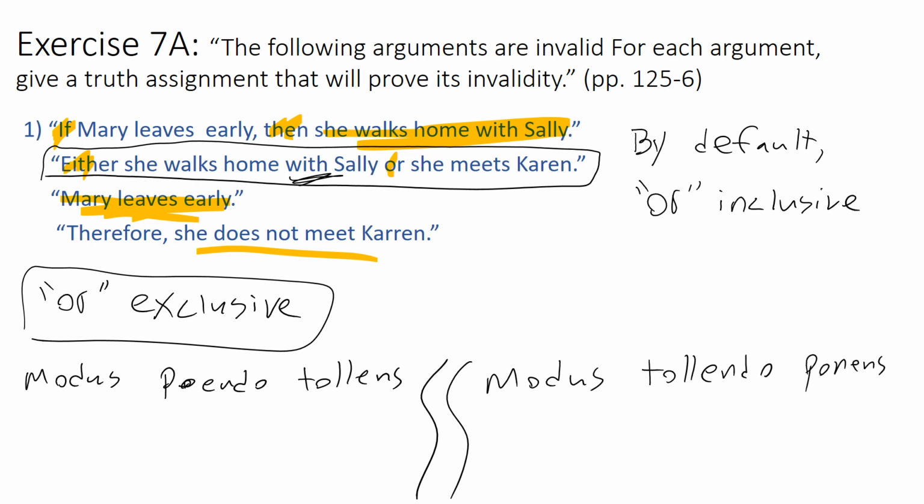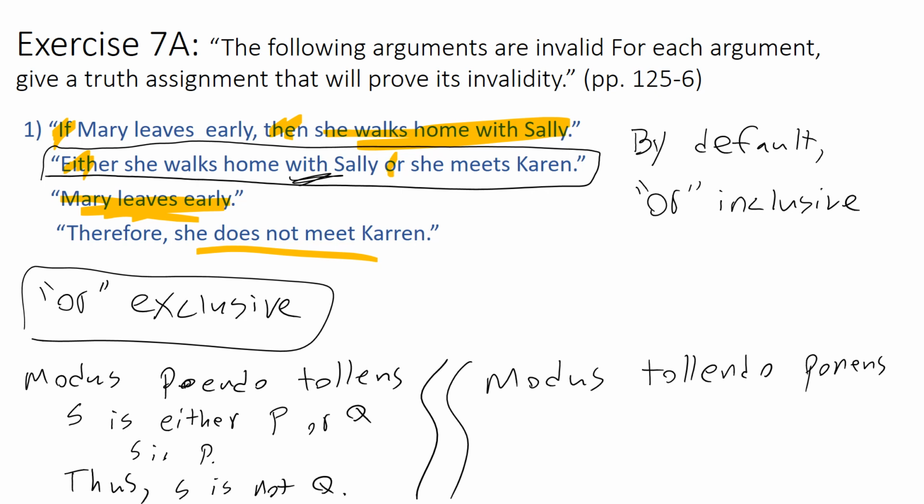So here you would have something like: S is either P or Q, S is P, thus S is not Q. So here, with modus ponendo tollens, we're dealing with an or that's exclusive. In everyday life, again, we use or in an exclusive way. So there's a little bit of subtlety here, I suppose.